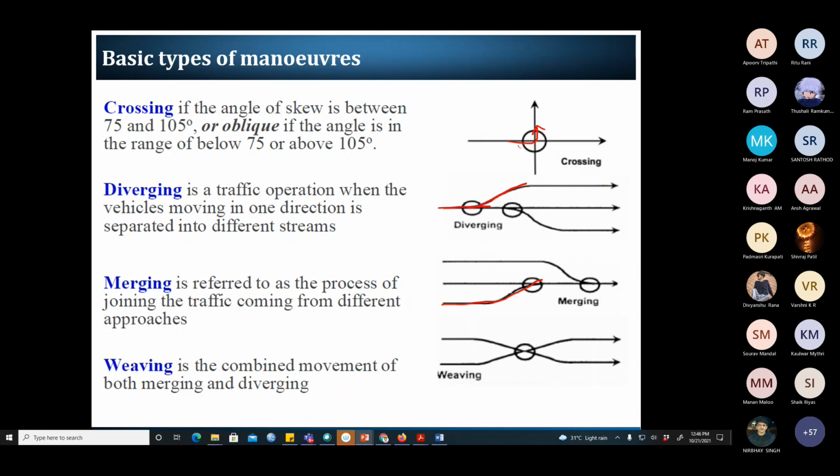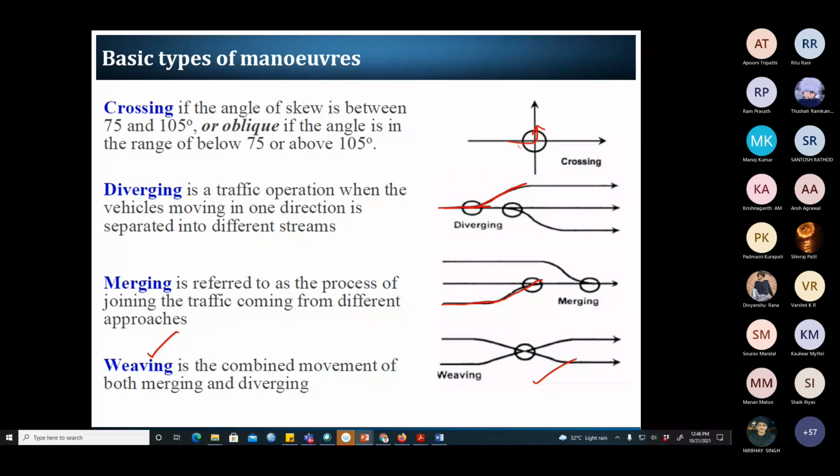The fourth one is merging and diverging, both functions happening together, which is defined as a weaving function. So these are the four different kinds of functions we can define: crossing, diverging, merging, and weaving.